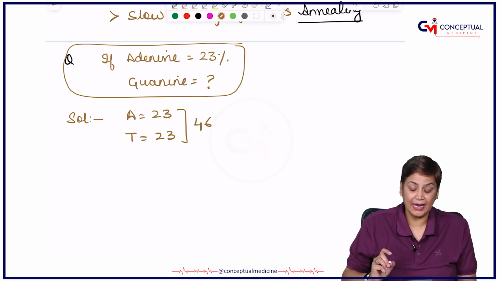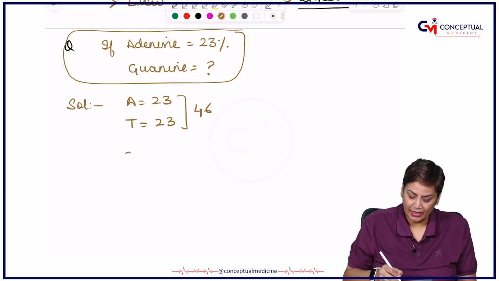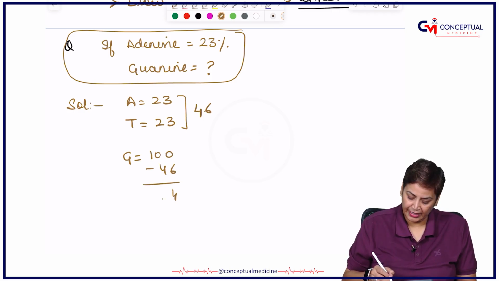46. And then guanine we have to find out. So guanine will be equivalent to 100 minus 46, which comes out to be 54.